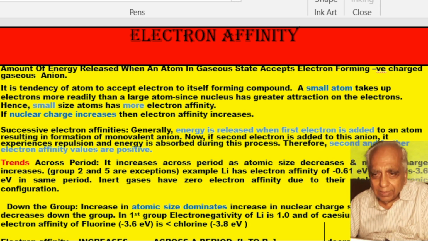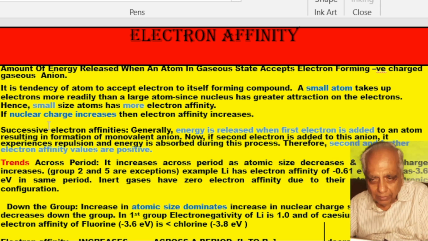So here it is the reverse. It will release some amount of energy, and that energy released is its electron affinity. Okay?